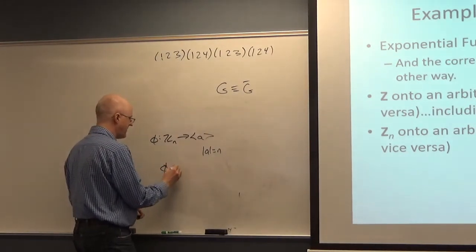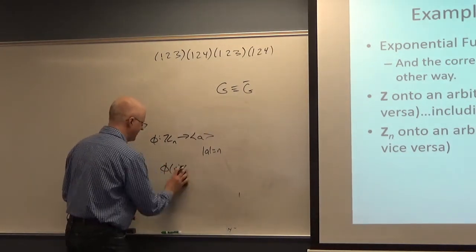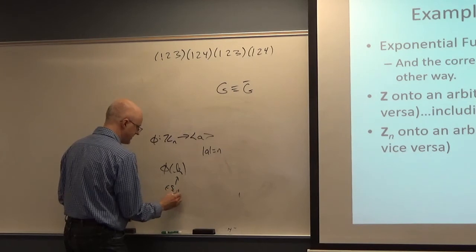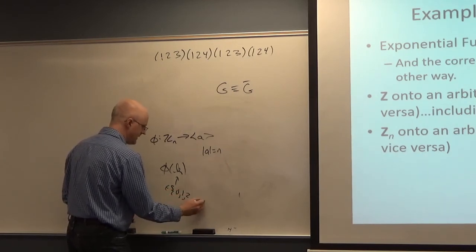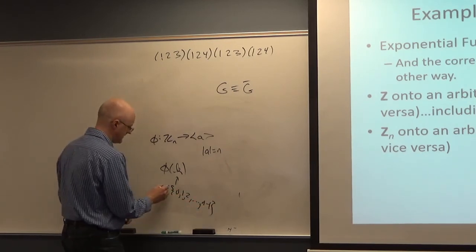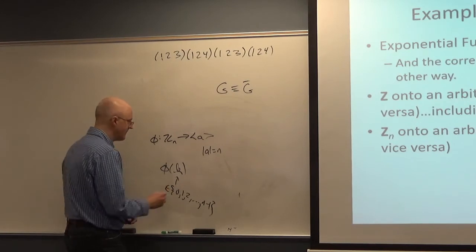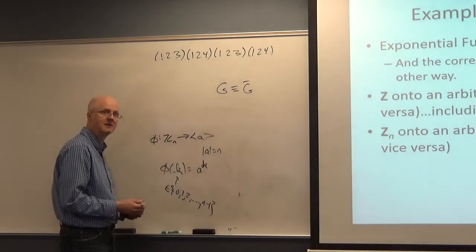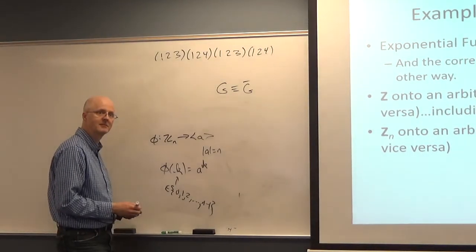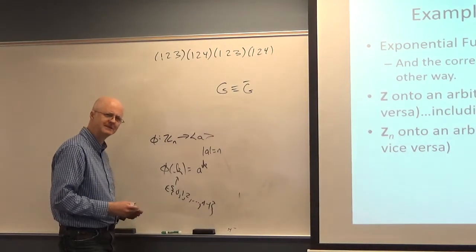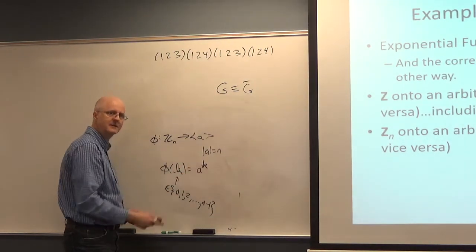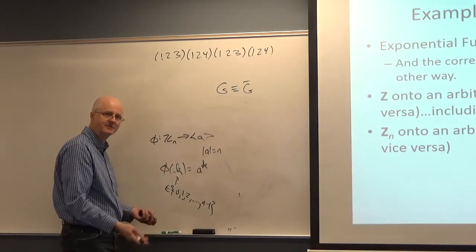Map your arbitrary k, that's an element of 0 through n minus 1, map it to a to the k. That turns out to be an isomorphism. I hope that makes some intuitive sense. The powers in arbitrary cyclic groups always acted like the integers themselves in Zn.